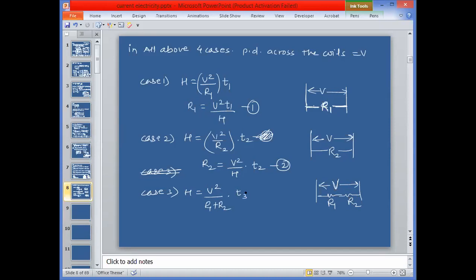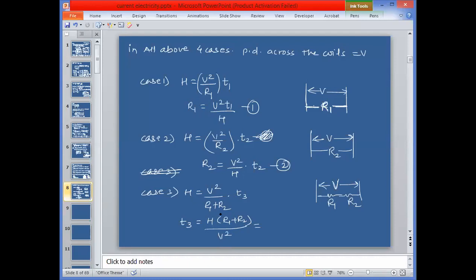That time T3 we have to find. So T3 is equal to H, R1 plus R2 on the numerator, and V square in the denominator.